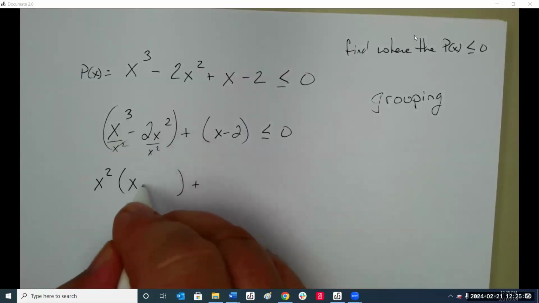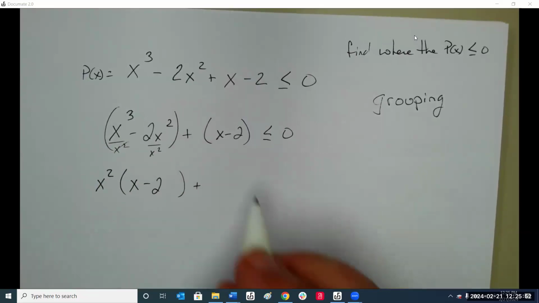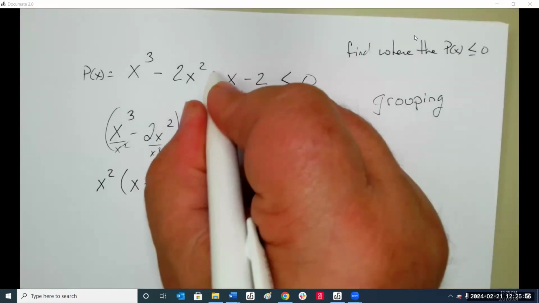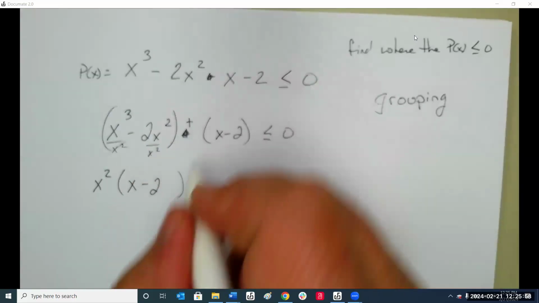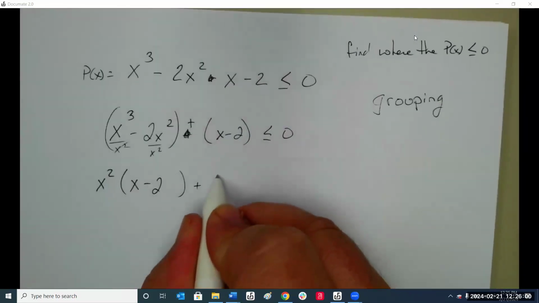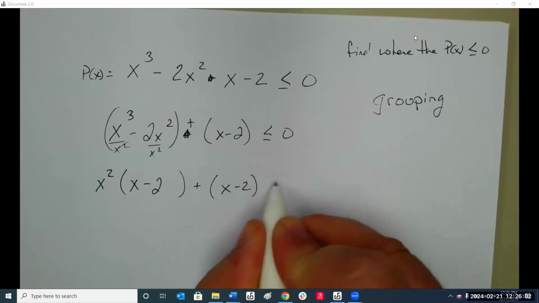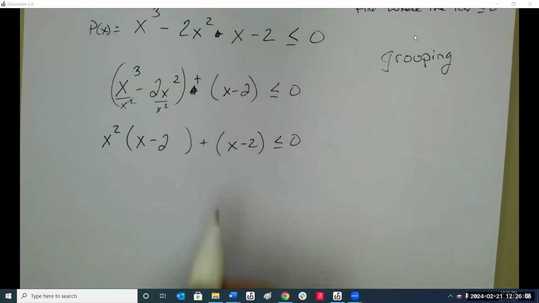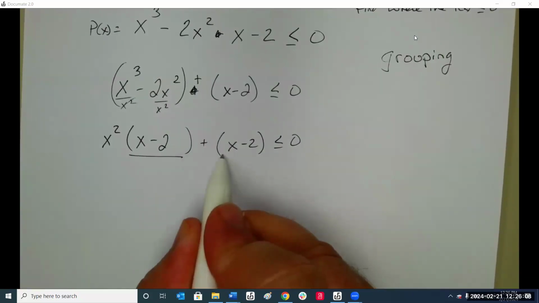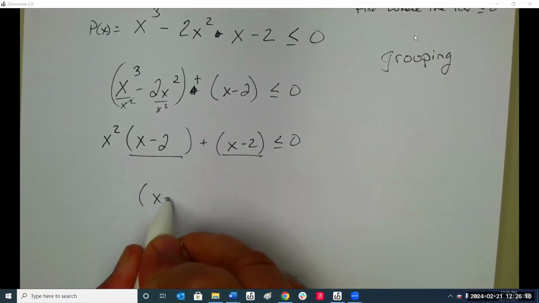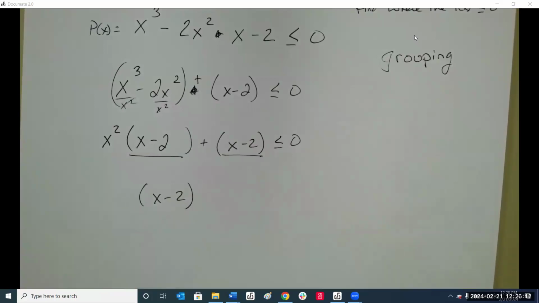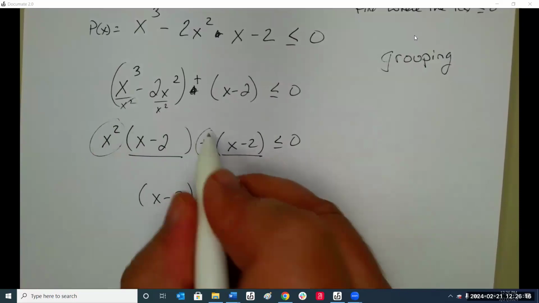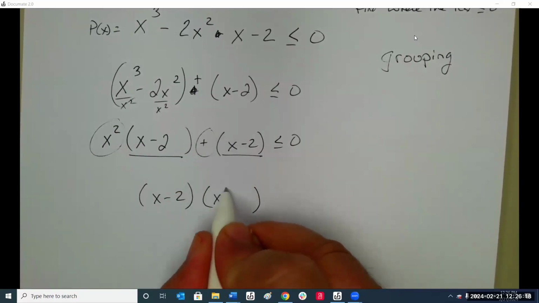So we have x minus 2. Let's make it a minus. No, leave it as a plus. What can we factor from the second? Anything? No. So that's the first step. Now we can factor out an x minus 2. Anything left goes inside the second one.